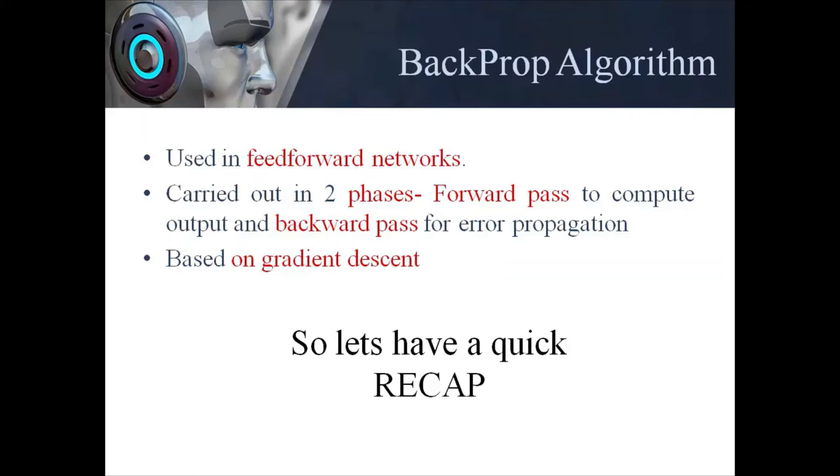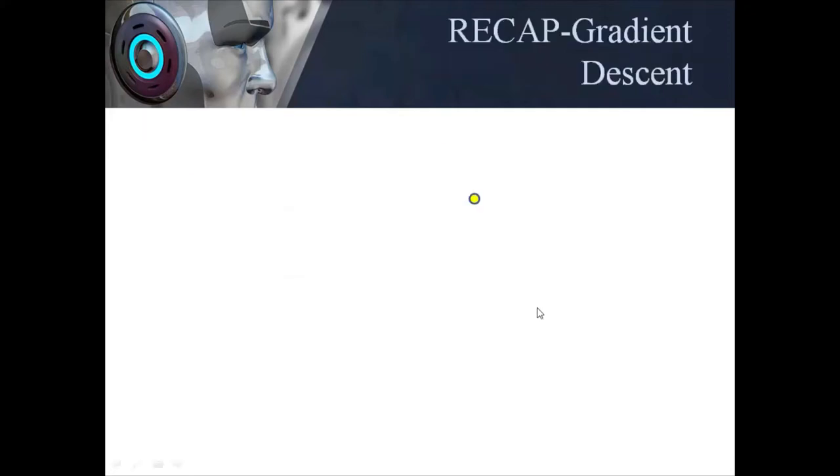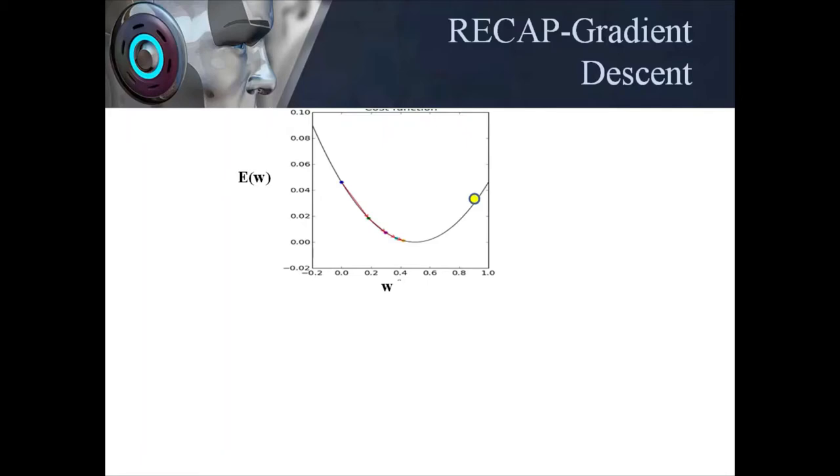of backpropagation. So before we start with backpropagation, let's have a quick recap of what gradient descent is. We have already covered gradient descent in the previous lecture, but I'll just take a recap of that. So this is my cost function, which is the error function derived from the mean squared error.